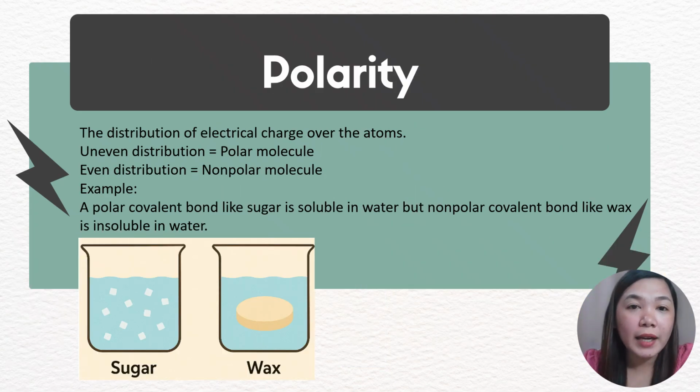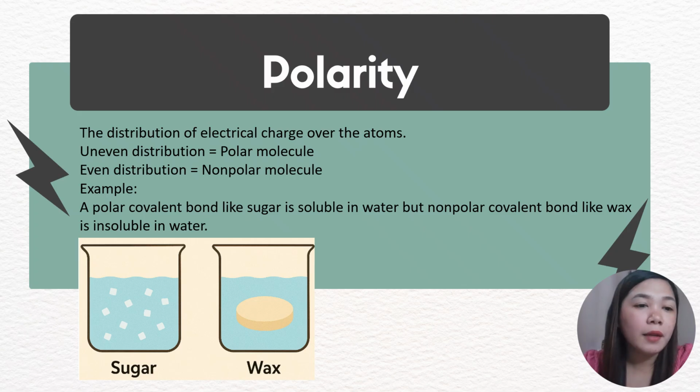Okay, next is the polarity. When we say polarity, this is the distribution of electrical charge over the atom. So take a look at this example here. When we have an uneven distribution, this is what we call a polar molecule. If it has an even distribution, this is a non-polar molecule.